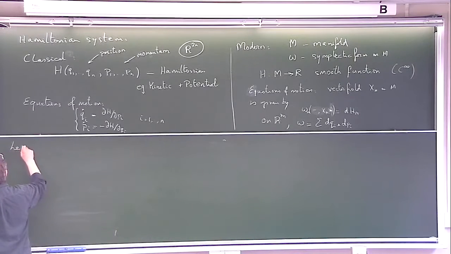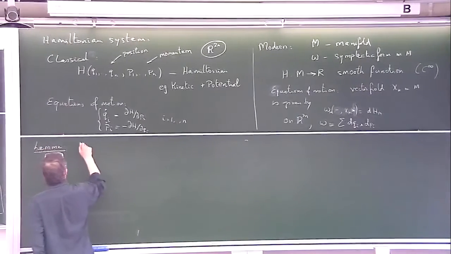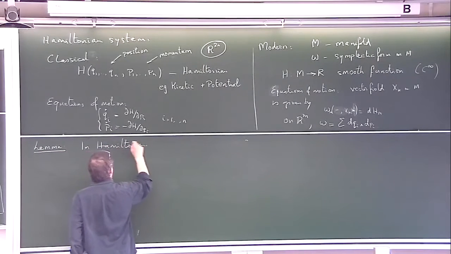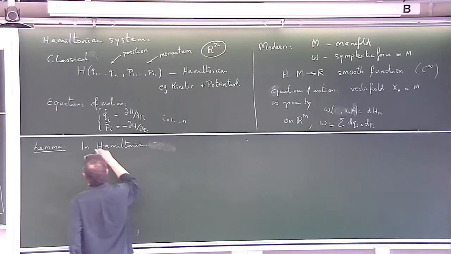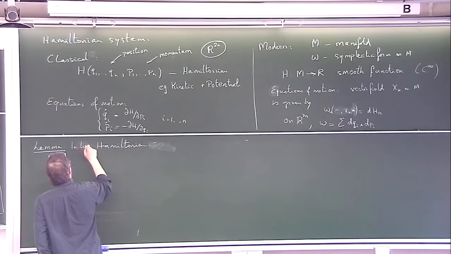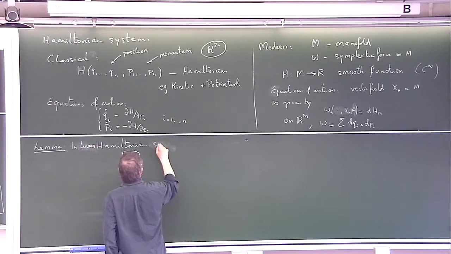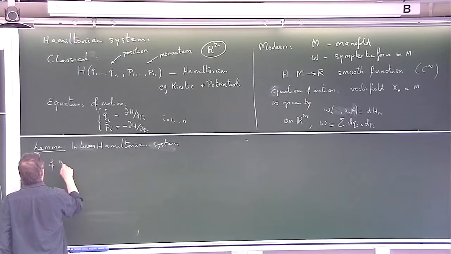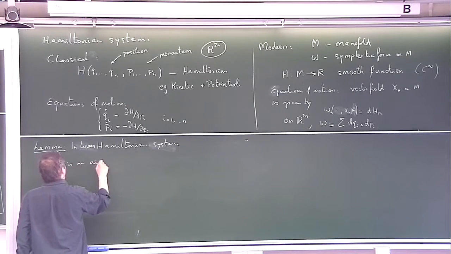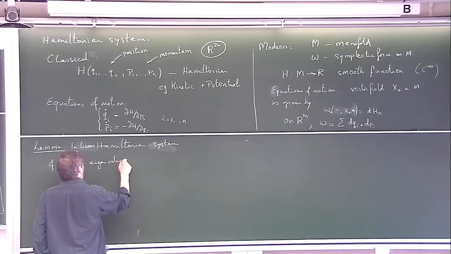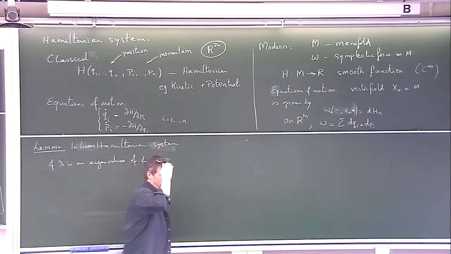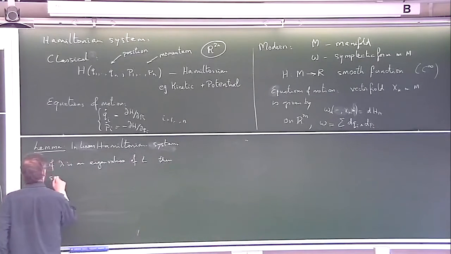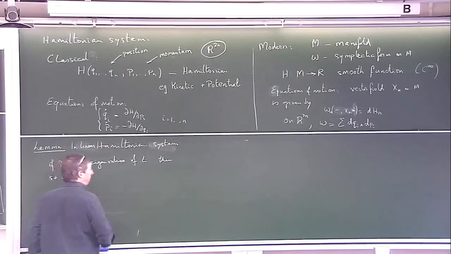So, in linear, so if we have an eigenvalue lambda, then it's minus lambda.